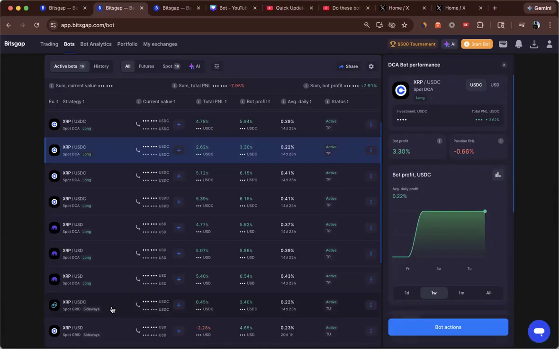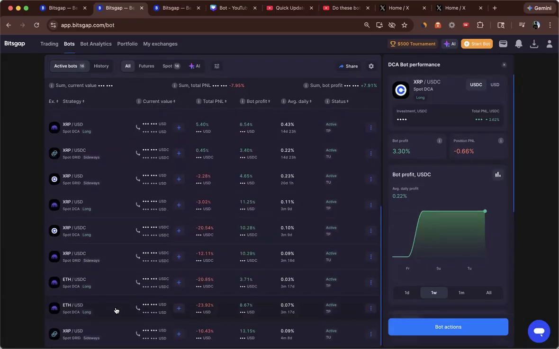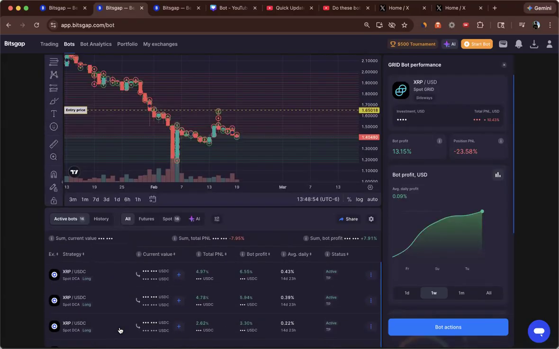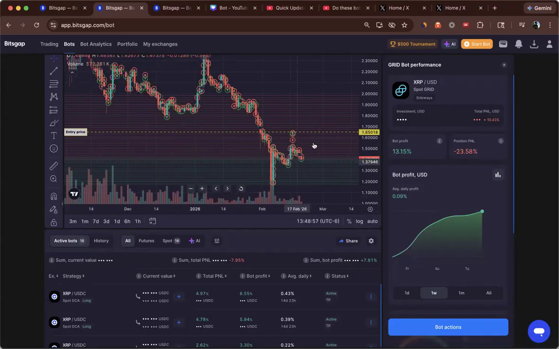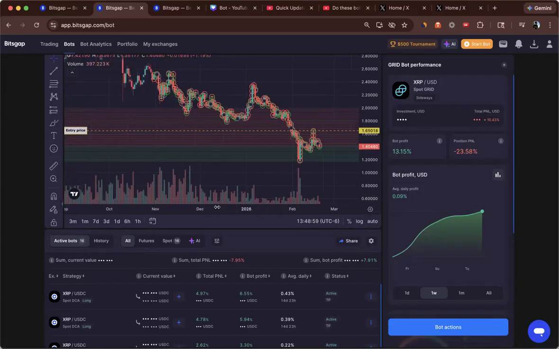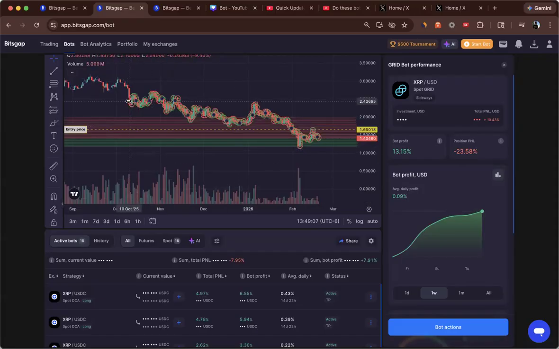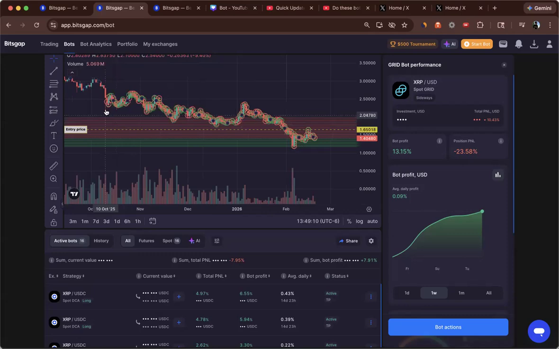I've been using these sideways bots off and on for 5 years, and you can see my longest running sideways bot, which I have on Gemini, that I set up the day of the October capitulation. Yeah, so you can see here where I set it up right there on October 10th or 11th, the night after everything crapped the bed in October.